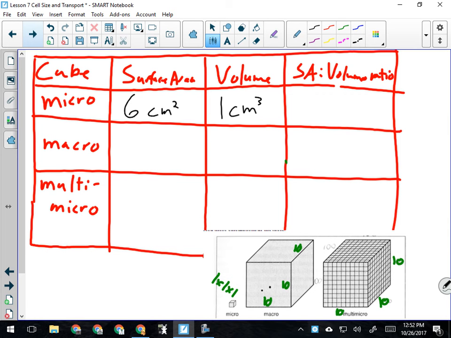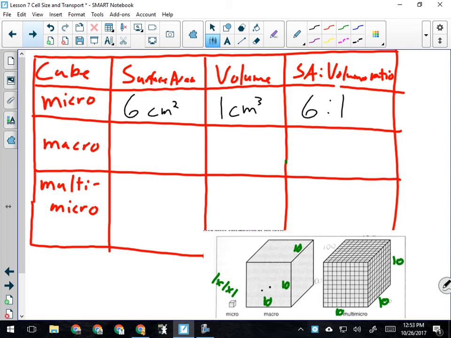What's 6 divided by 1? 6. Six to 1. Is that a good surface area to volume ratio? Yes, it is. Surface area is much bigger than volume in the ratio.